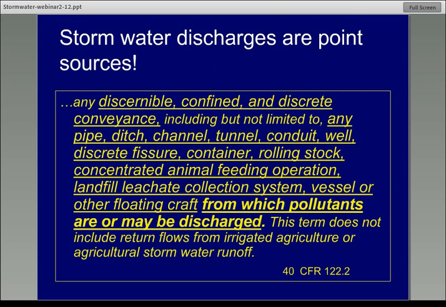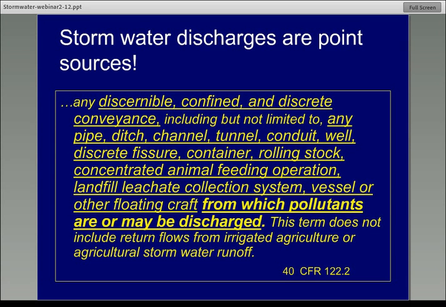And while stormwater has historically been discussed and considered nonpoint source, something that is not collected in a pipe and discharged, in almost all cases it is a point source, and it is in some way conveyed through a discrete conveyance, a pipe, a ditch, a channel, as listed here from the specific Code of Federal Regulations at the federal level that talks about the point source discharge.